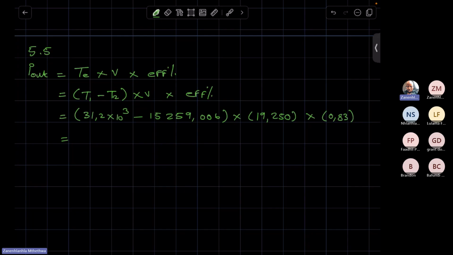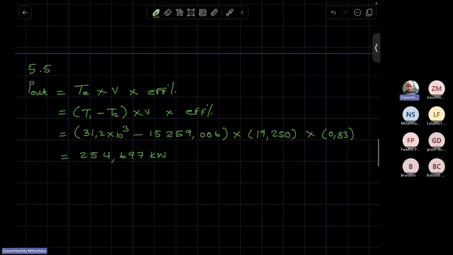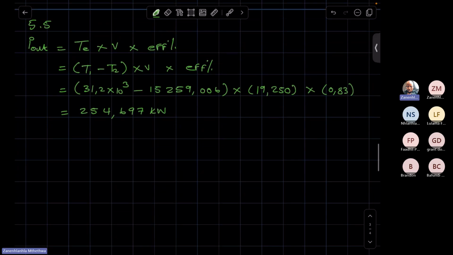I will express this in kilowatts. This is 254,697 kilowatts. Very easy, people. I prefer taking this approach, but you can, of course, use the formula for efficiency.